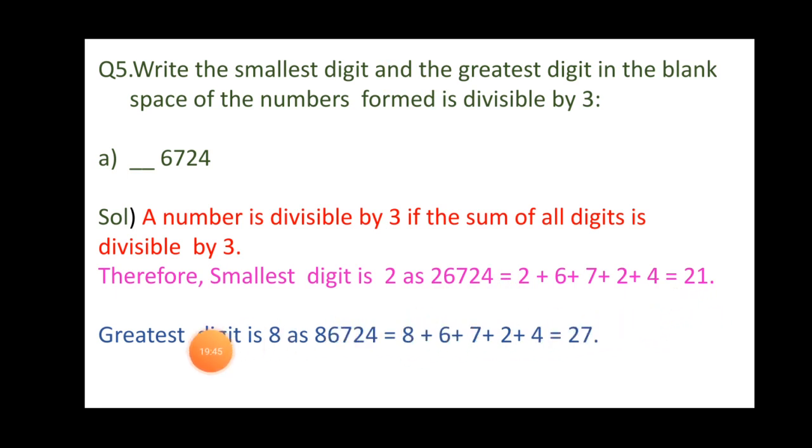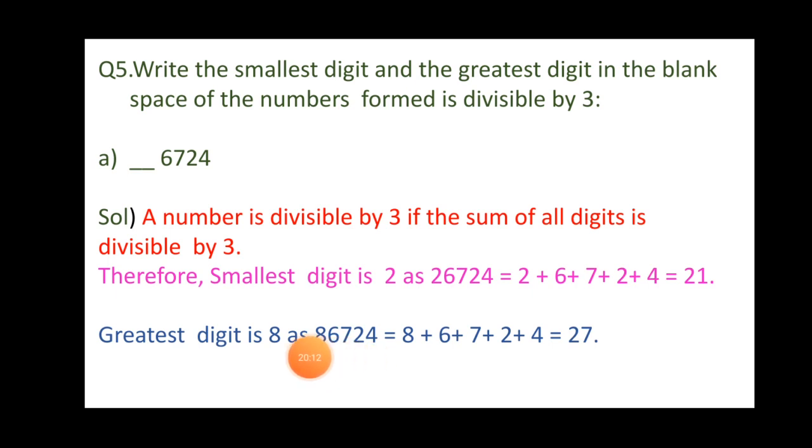Now in the same way, when we look to get the greatest digit, you will see that from the numbers 0 to 9, we have the greatest digit as 9. So when we put 9 here in the blank space, and we know the sum of the other digits is 19, when we add 9 with 19, we will get 28, and we know 28 does not come in the table of 3.